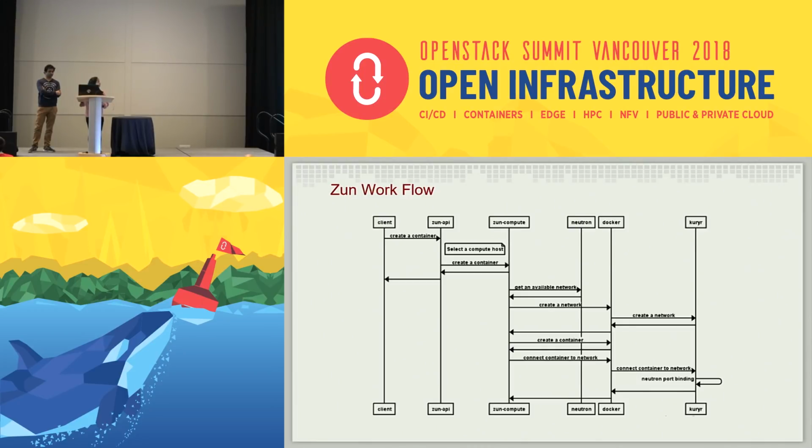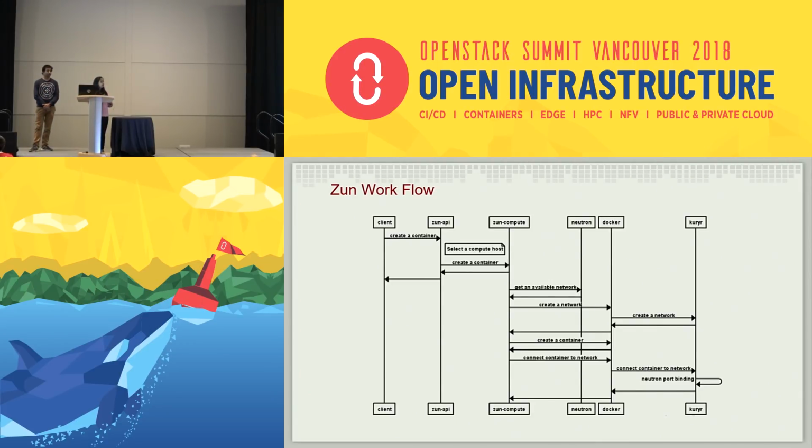The next slide shows how Zun talks to different components and Docker to provision your container. Today there are multiple ways to talk to the Zun API. You can use the Zun CLI or the OpenStack CLI to send your request to Zun. Then the Zun API sends the request to the compute host.